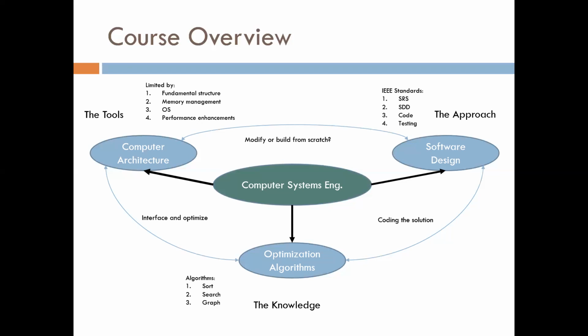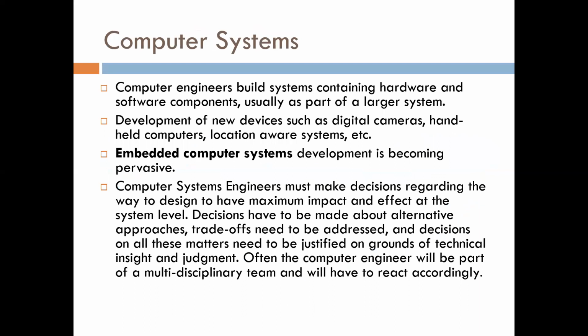So as a computer systems engineer, we would build systems containing hardware and software components, right? That's usually part of a larger system. And we would also like to develop new devices such as digital cameras, handheld computers, location-aware systems, and probably integrate several systems together as well, as you start seeing things like IoT devices, right?